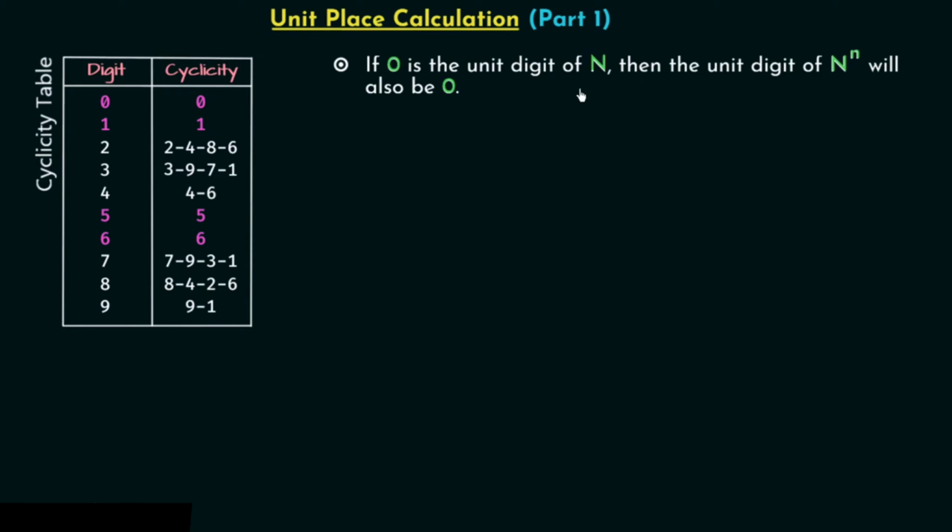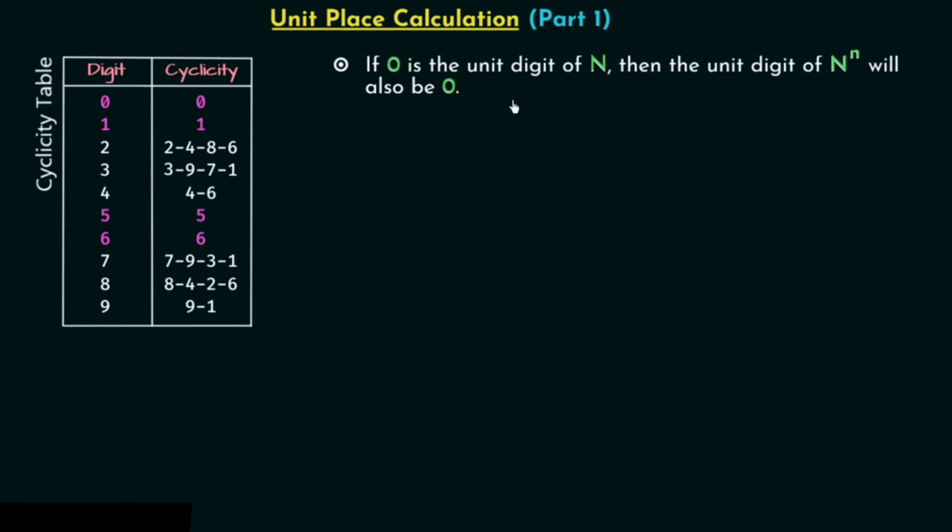This means if we have a number n and this number n has 0 at the unit place, then if we calculate n raised to the power small n, then the result will also have 0 at the unit place. So I hope this point is clear to you. And now we will see one example to understand this point better.